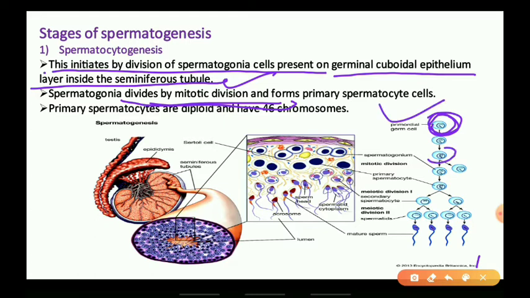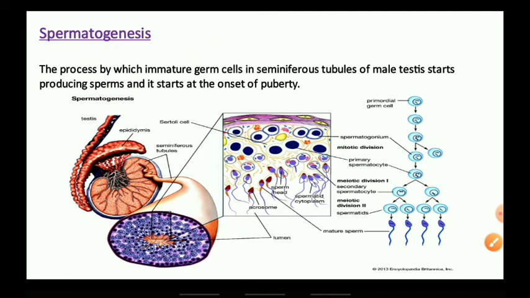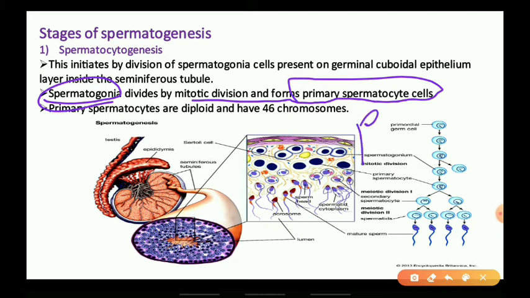Whatever this spermatogonia cell is, it is going to divide into two cells by mitosis. The first stage is mitosis. When the spermatogonia divides by mitosis, it forms the primary spermatocyte.